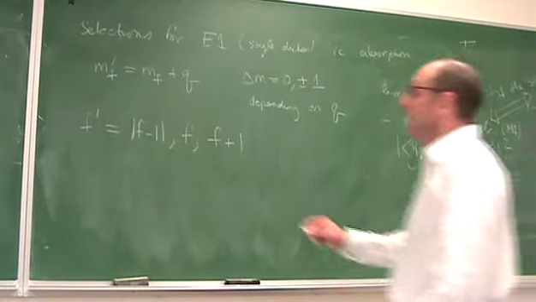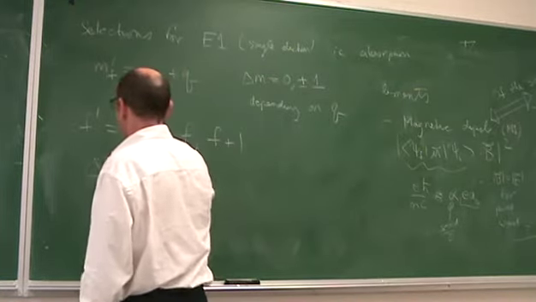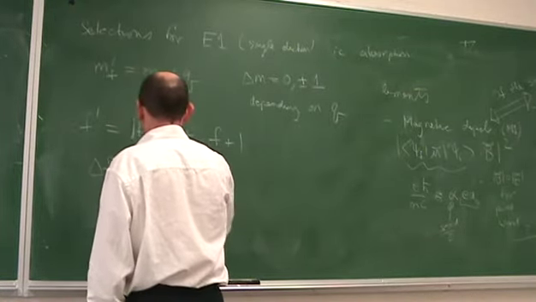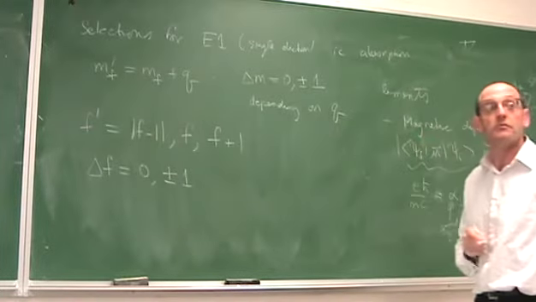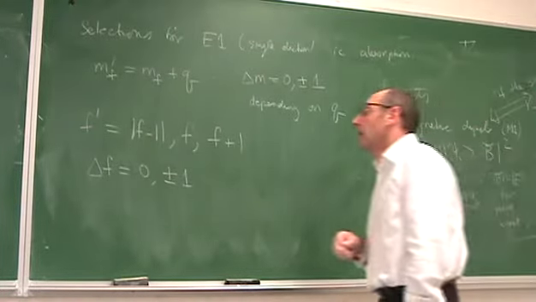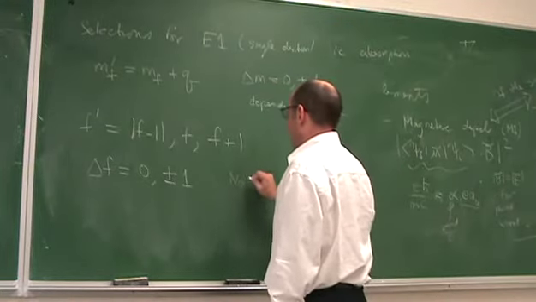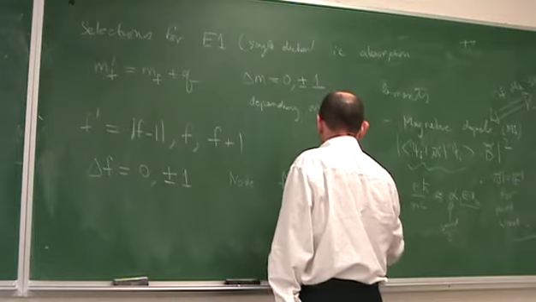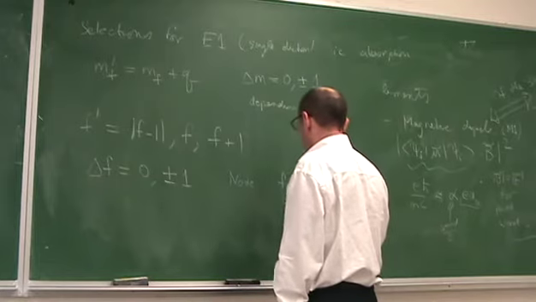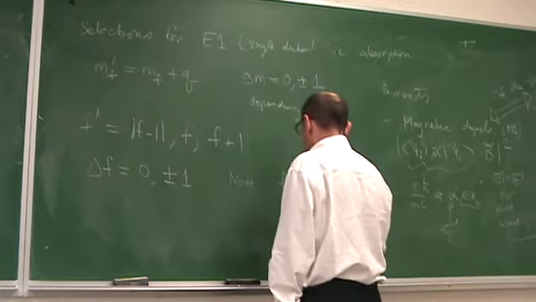So that tells me that delta F can be 0, +1, or -1. Note, generally F equals 0 to F equals 0 is completely forbidden.